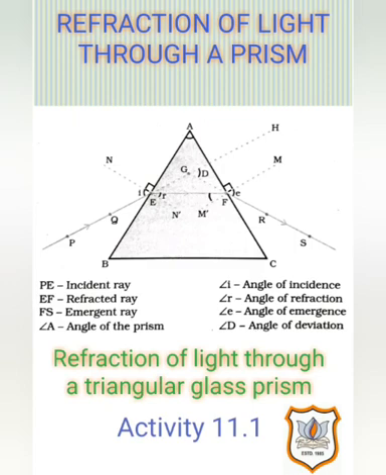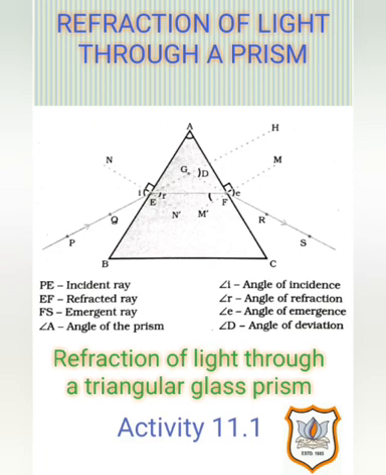So the observation here: a ray of light suffers two refractions while passing through the prism. The first refraction occurs at E on the surface AB. The incident ray PE enters from air into glass at E. It is refracted along EF, bending towards the normal NN' on the face AB at E. The second refraction occurs at F on the surface AC.